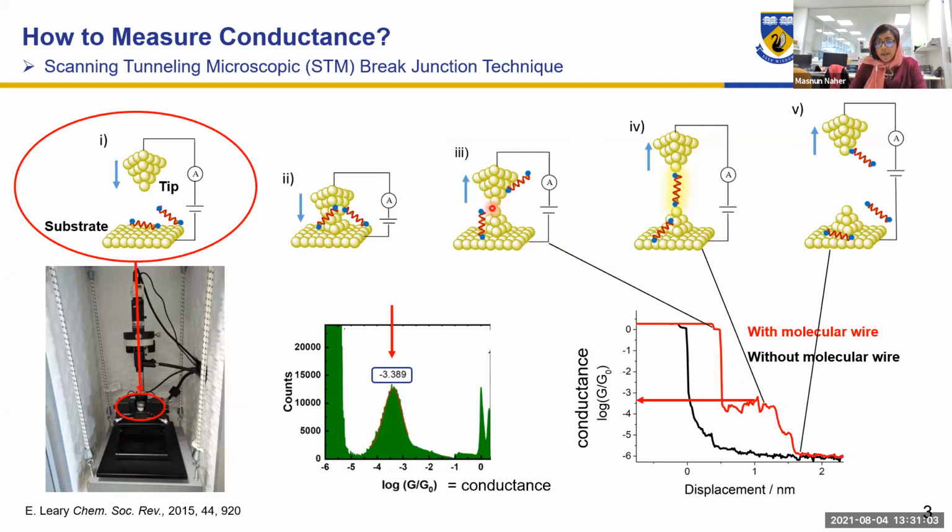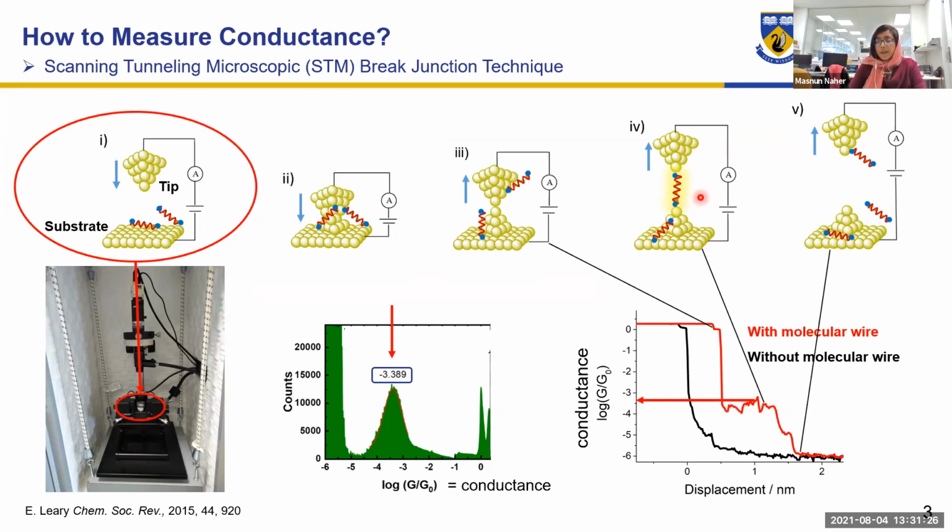Further pulling breaks the gold atom contact, and you can see from these traces again, there is a sharp decrease in conductance. At this point, a molecule can start to bind between two electrodes. And if a molecule binds between two electrodes, a plateau like this appears in the traces. This is the molecular conductance of a specific compound.